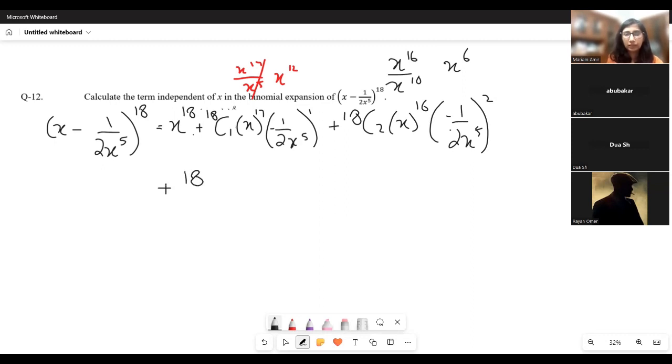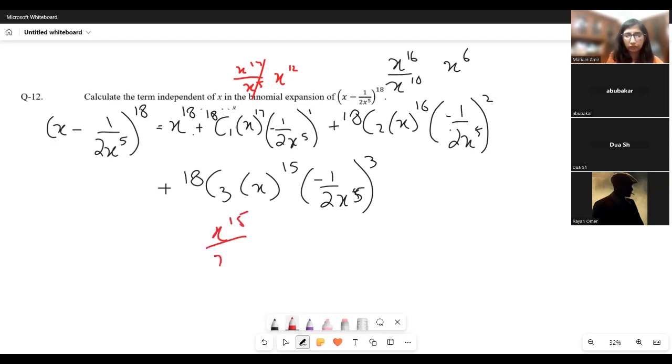Plus 18c3 x power 15 and (minus 1 over 2x power 5) power 3. Now the numerator is x power 15 and so is the denominator x power 15. So they cancel out and this would be a constant term. So that's our constant term. अब इसकी value चाहिए.